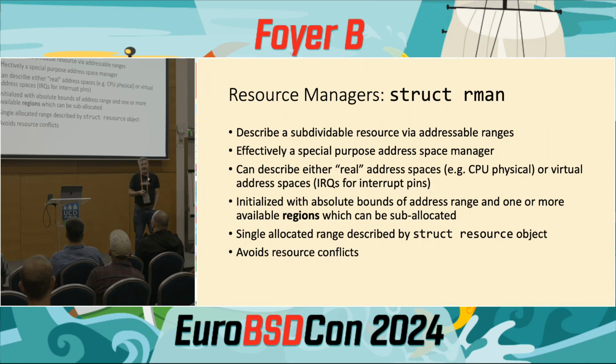So if you try to allocate something from rman, it will fail if you do a request that it can't satisfy because it overlaps with things that are already allocated, or it will ensure that if you give it a sufficient wildcard request of a given size, it will go find a free region for you. So rman takes care of the part of the problem of avoiding resource conflicts. So our bus device drivers can rely on rman to do that. They don't have to solve that problem themselves.